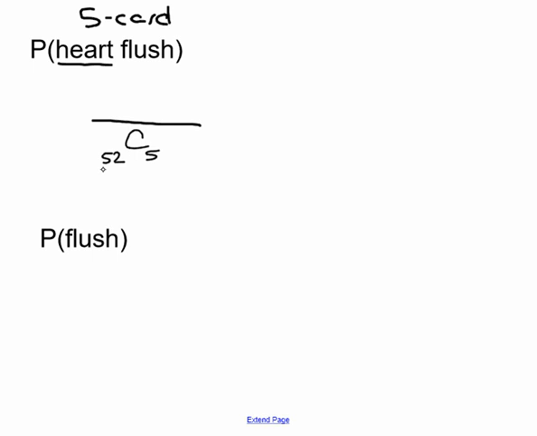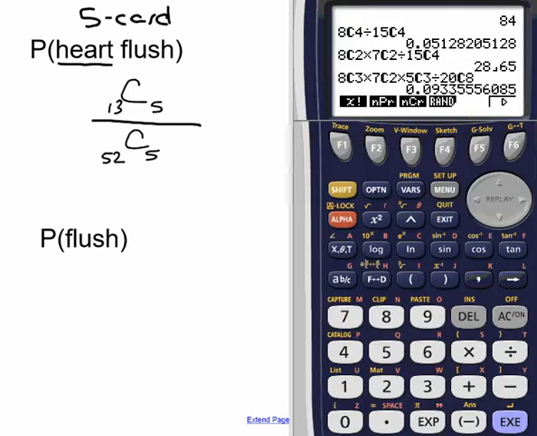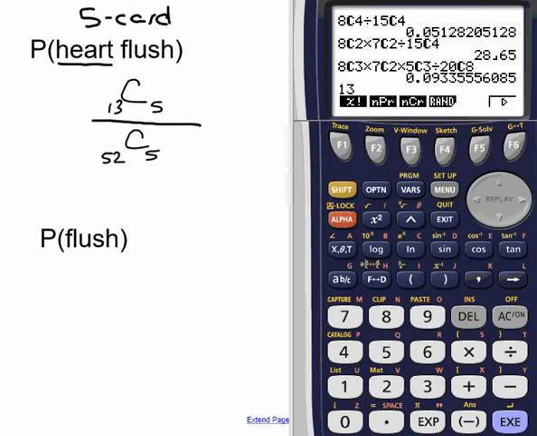This is the total number of 5-card hands that you could have in any order. Now, if we want only hearts, there are 13 hearts in a deck, and we want to choose 5 of them. So 13C5 divided by 52C5 is the likelihood of being dealt a heart flush.